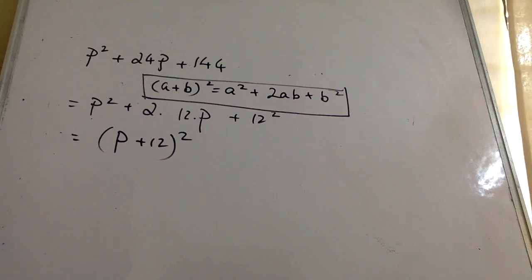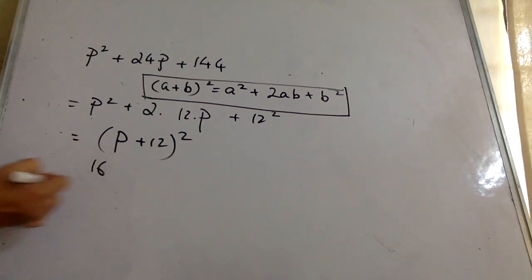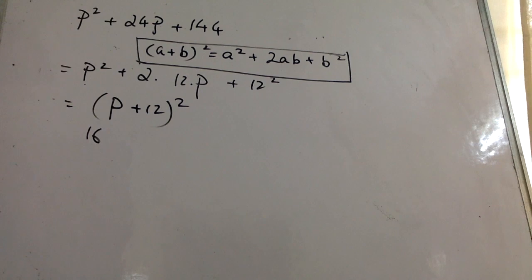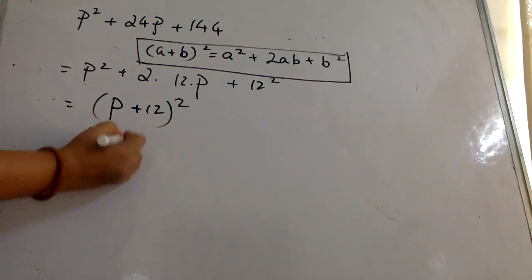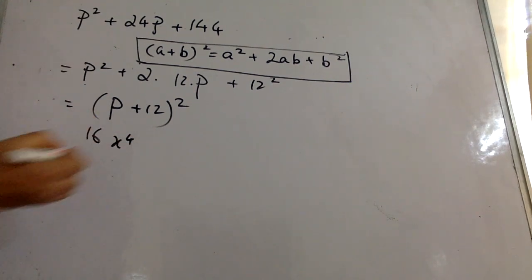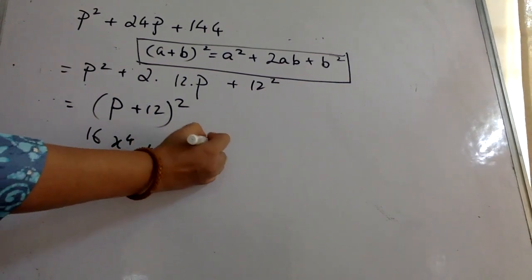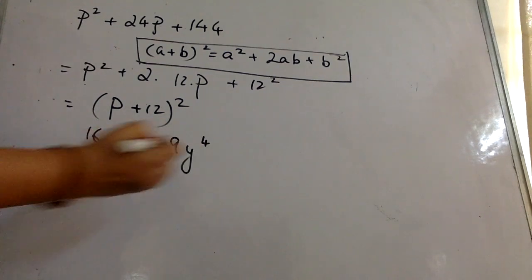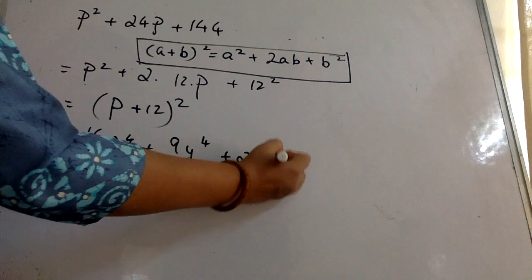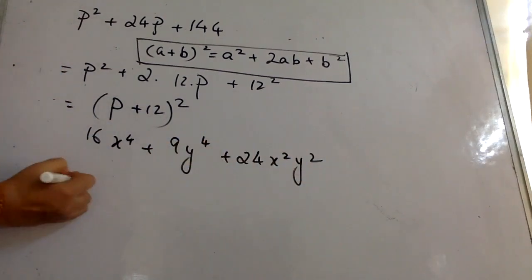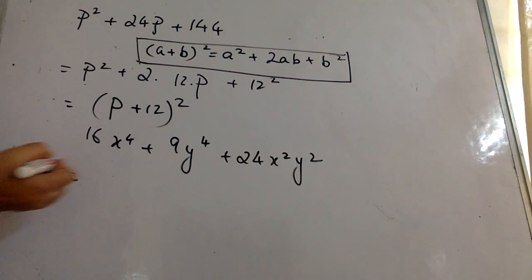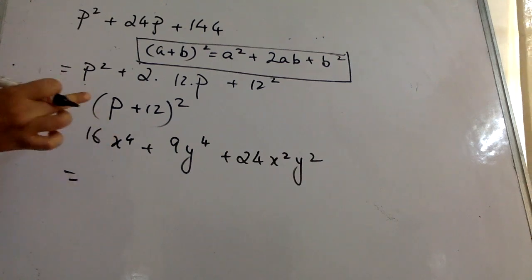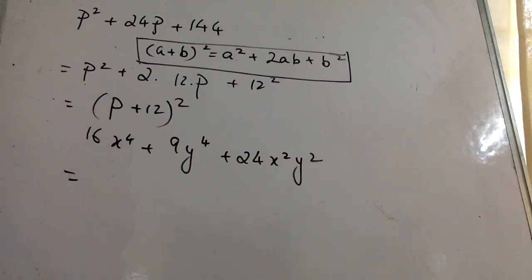Now let's take up another example, very similar, but the numbers are slightly bigger: 16x to the power 4 plus 9y to the power 4 plus 24x square y square. Here also you will have to recognize the identity on which it is based.